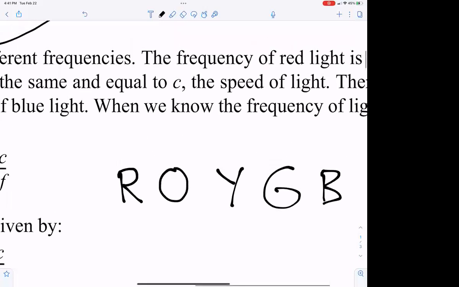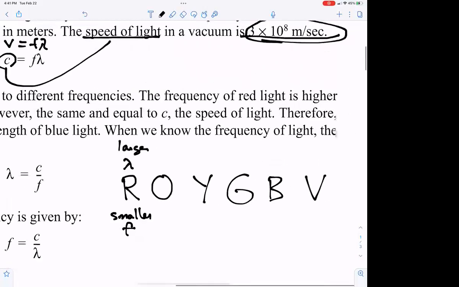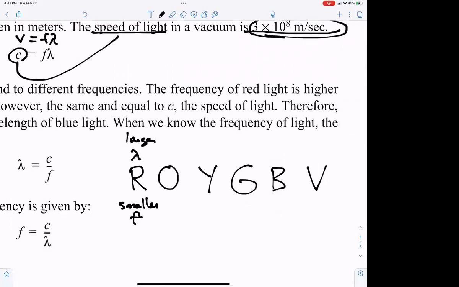Well, the reddish colors have smaller frequencies, but they have larger wavelengths. Blue-violet has much smaller wavelengths. The wavelength is going to decrease. Lambda decreases as we go from red to violet.